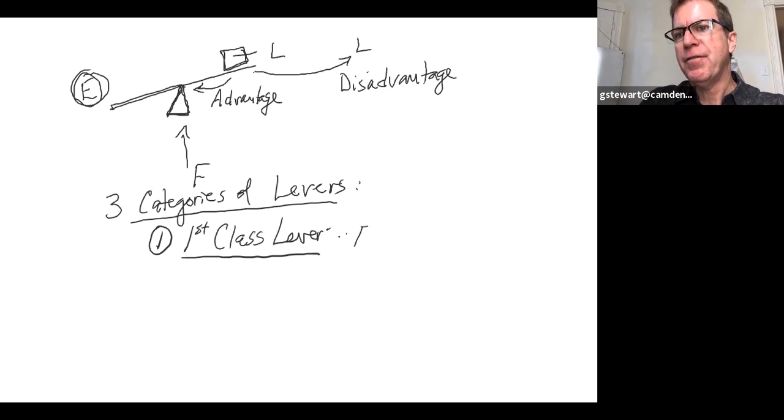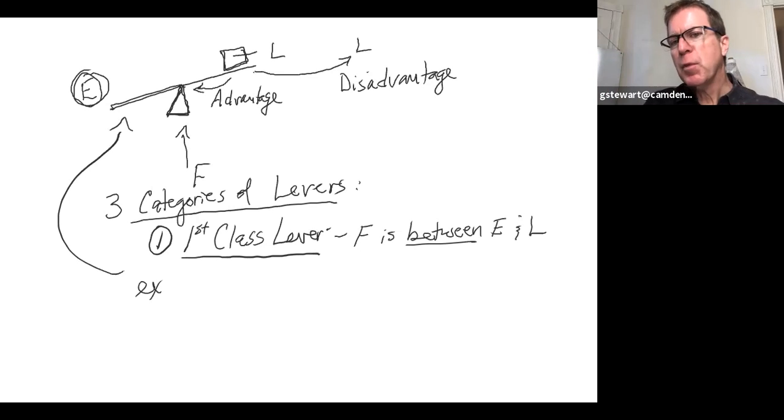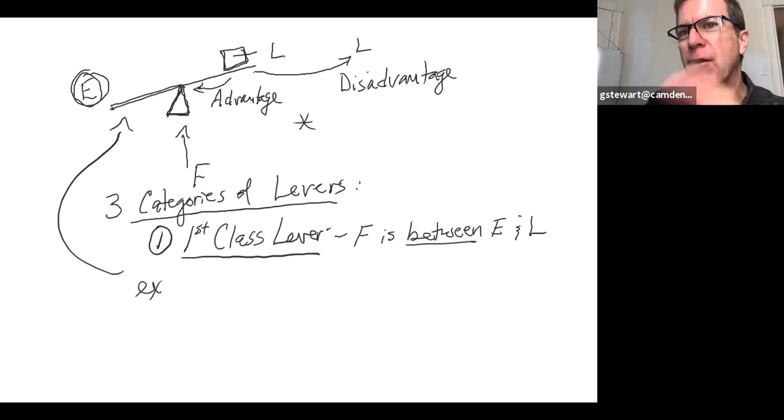So I'm going to write F is between the effort and the load. A classic example is this one. This can be a mechanical advantage or disadvantage, like we saw up here, based on where we position the load and the effort in relating to that fulcrum.